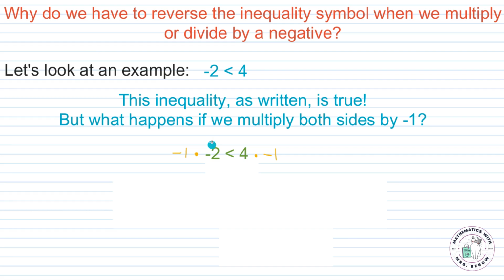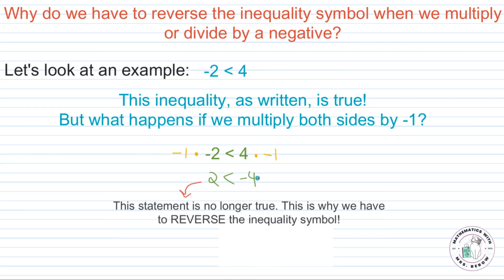If I do -2 times -1 and 4 times -1, we end up with the statement that 2 is less than -4. Well, we just said positives are always supposed to be bigger than negatives, so this is not true. It gets weird when we multiply by negatives, and it messes with our inequality. This statement is no longer true after we multiplied both sides by -1.